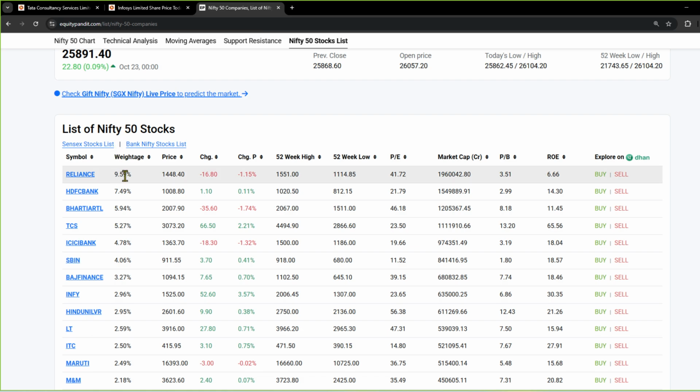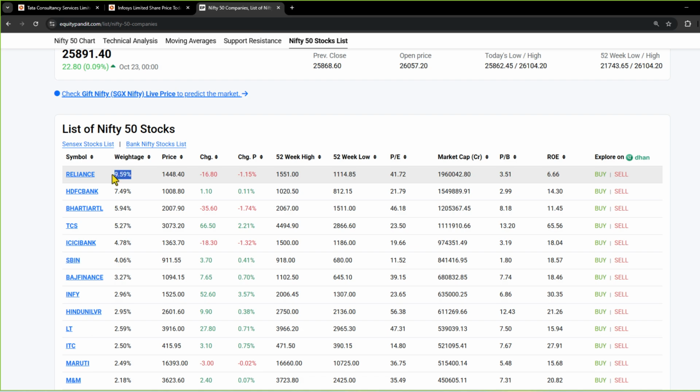Reliance company has 9.59% weightage in Nifty 50. HDFC Bank has 7.49% weightage in Nifty 50, and so on. So here you can see the market capitalization of each company. Okay.